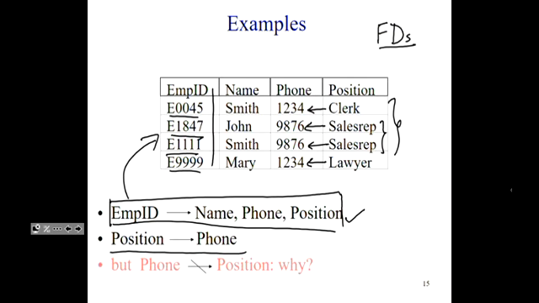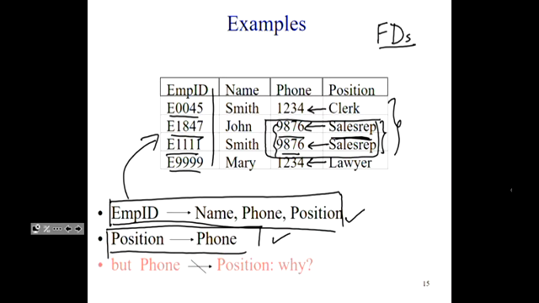The only thing I need to verify is that the two tuples with the same value for position, sales rep, have the same value for phone, and that is certainly true. So I can verify that this functional dependency holds on this instance.